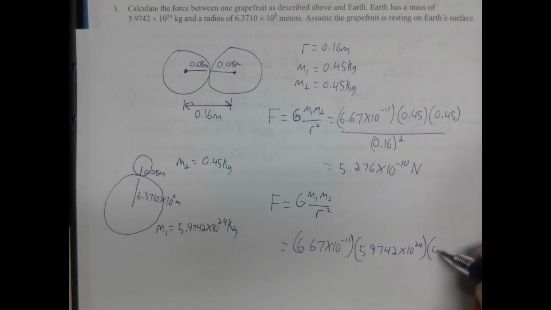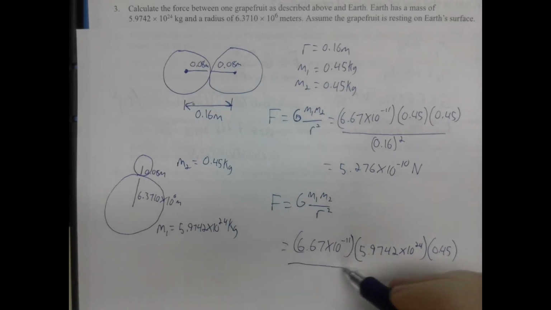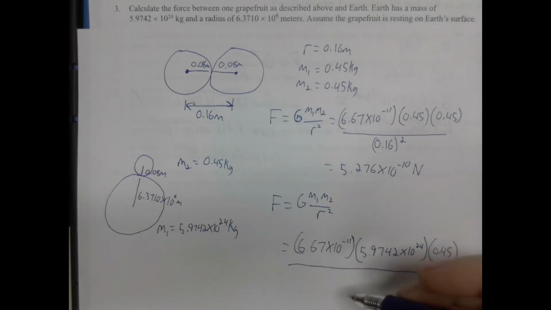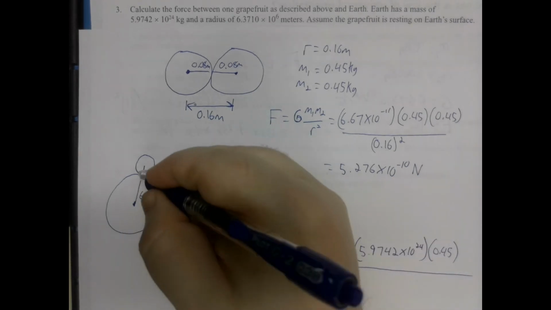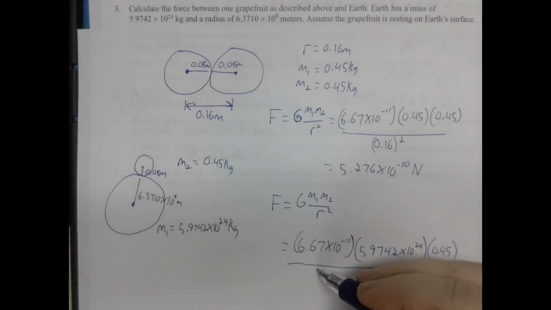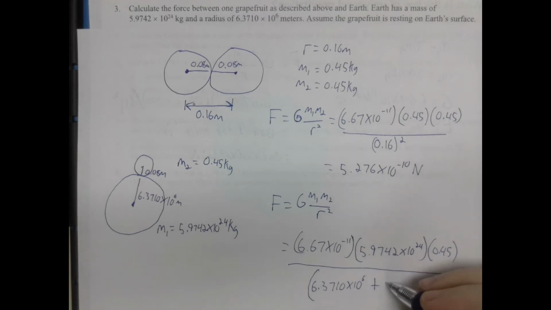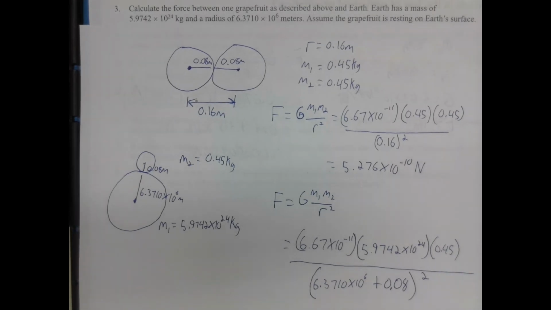Our M2 is 0.45 kilograms divided by the distance between the two centers. So here I would have to use parentheses and add these numbers together. 6.3710 times 10 to the 6 plus 0.08 close parentheses squared.